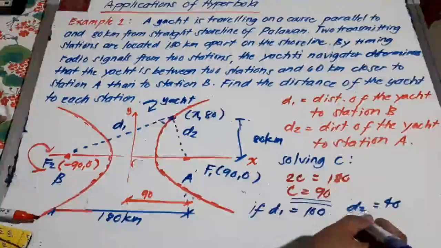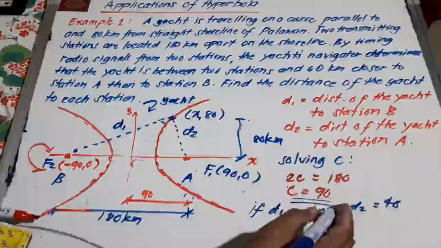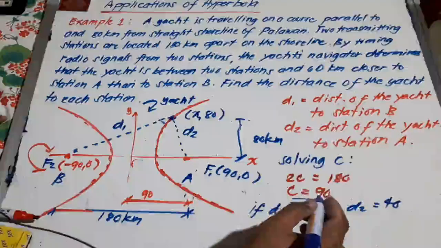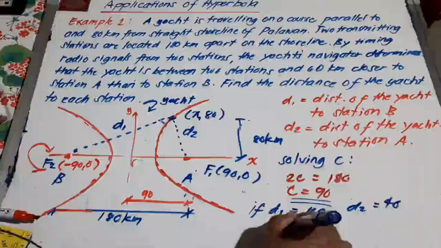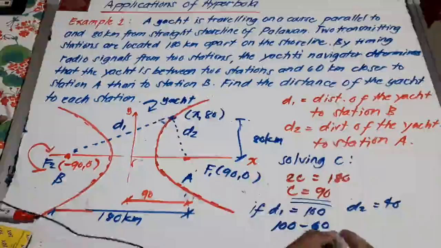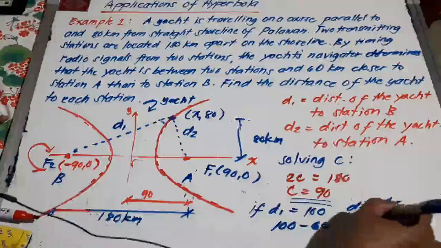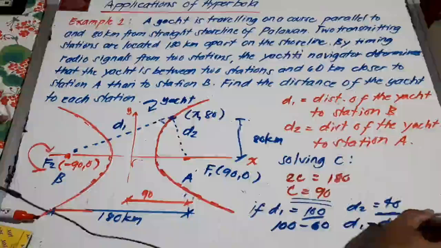How did I obtain D2? Simple. 60 kilometers closer to station A than to station B si yate. So that will be 100 minus 60, or the difference of these two. D1 minus D2 equals 60.